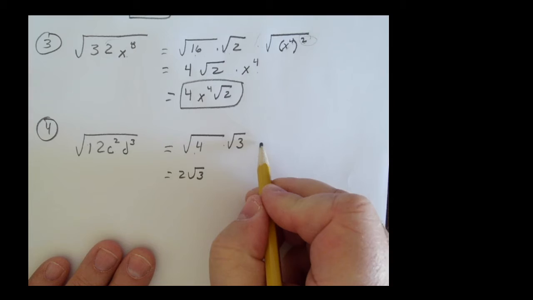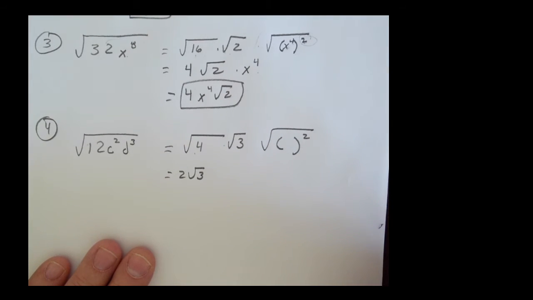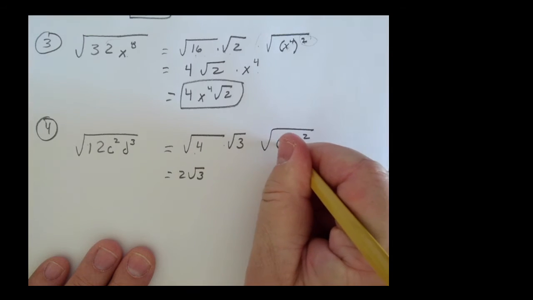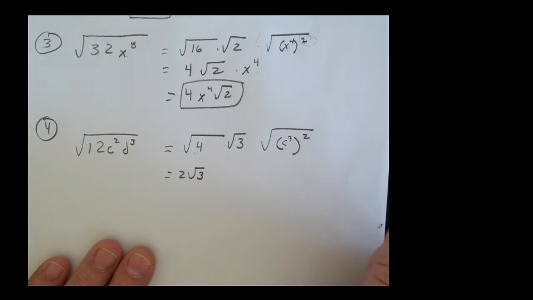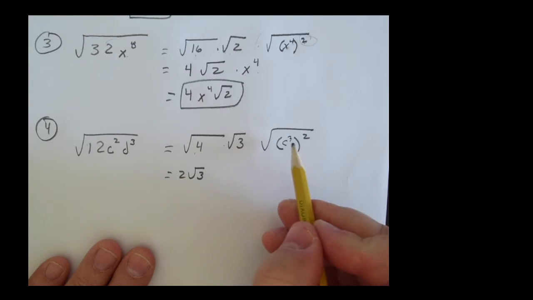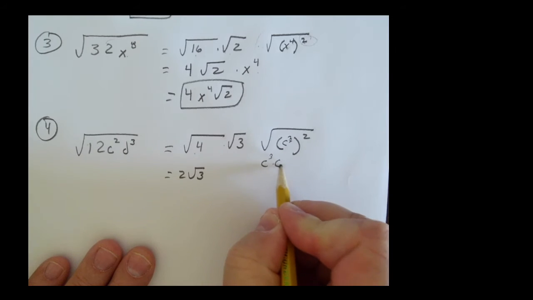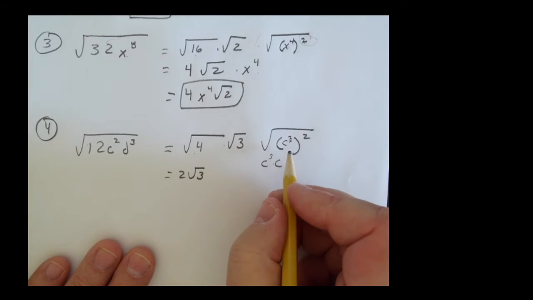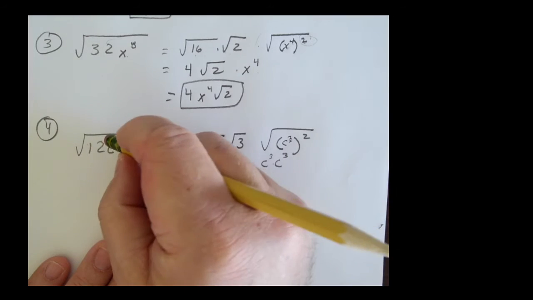Now for our c, how can we deal with c so that it's squared and it's c to the 3rd? C to the 3rd squared. C to the 3rd times c to the 3rd is c to the 6th.